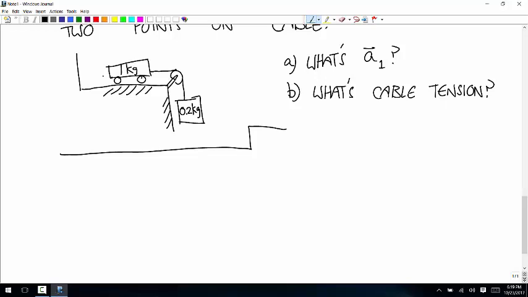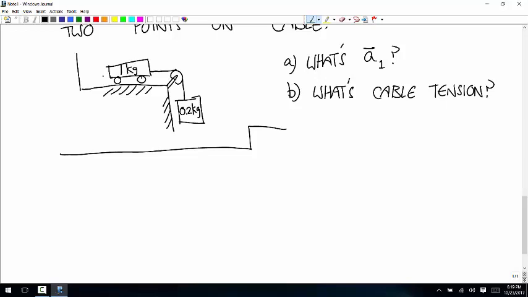Okay, and so because those motions are sort of locked to each other in that way, whatever the velocity is of this going down, that has to be the velocity of this going to the right. And also whatever the acceleration of this is going down, that's the acceleration of this going to the right. So that's the idea we're going to use.